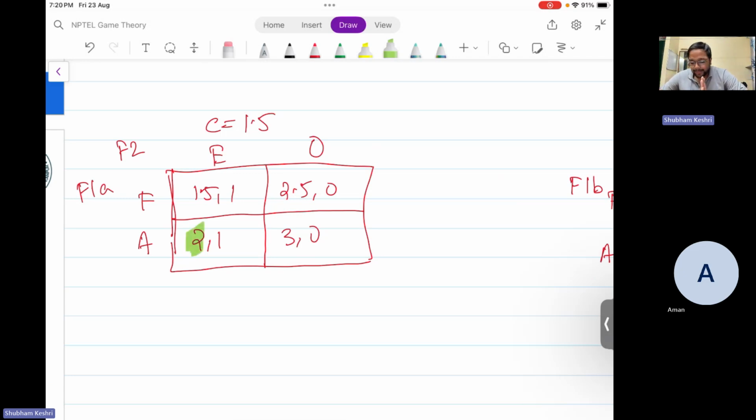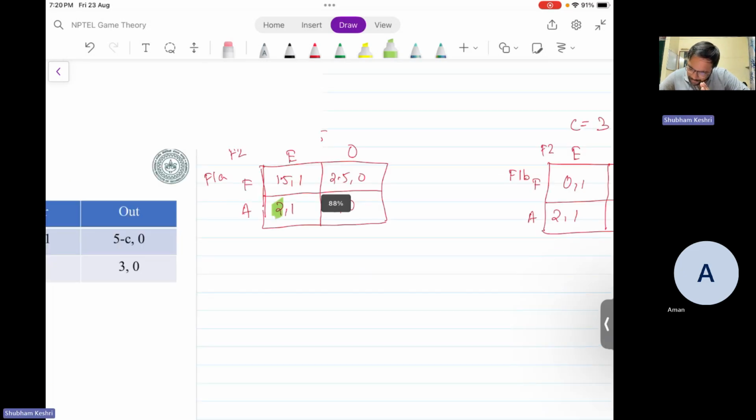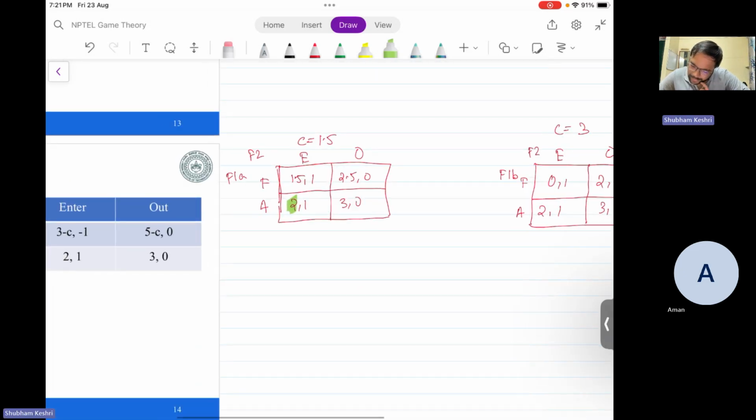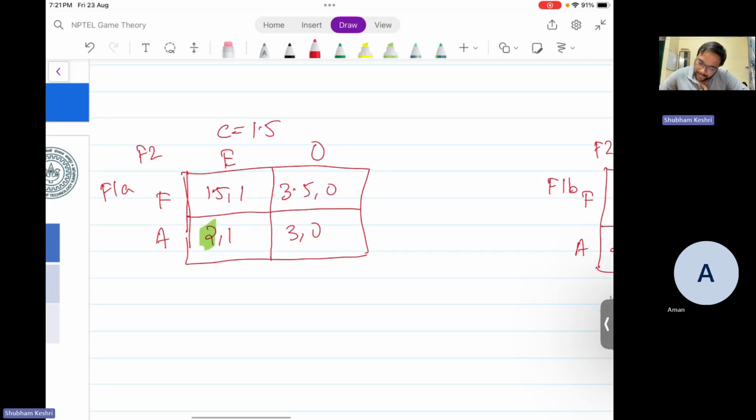When player 1 is remaining out, his best response, just a minute, I've made some error. Okay. So this is not 2.5, this is 3.5. 5 minus C, which is 1.5, is 3.5. So when player 2 is playing out, his best response is to fight.